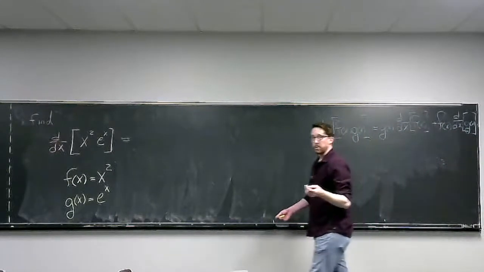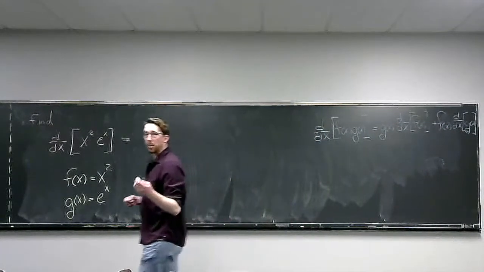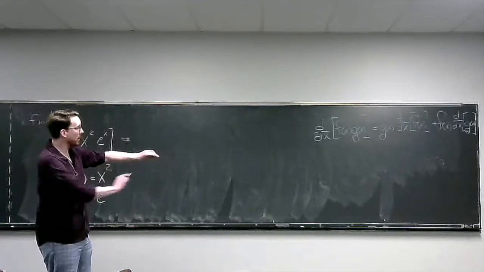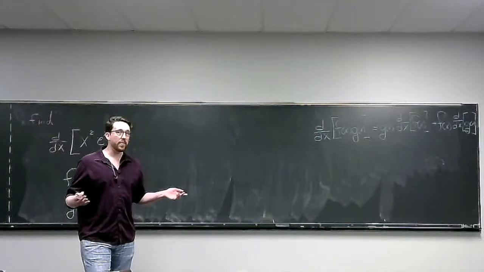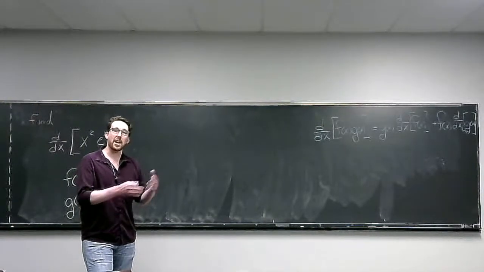Now don't be confused. A minute ago I wrote f primed and g primed. This again is the same thing, right? To say d dx of f of x is the same thing as to say f primed of x.